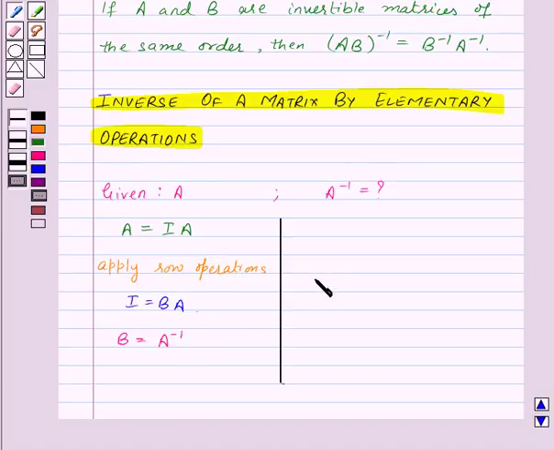Similarly, if we want to find out A inverse using column operations, then we will write A equal to A into I, where I is the identity matrix.